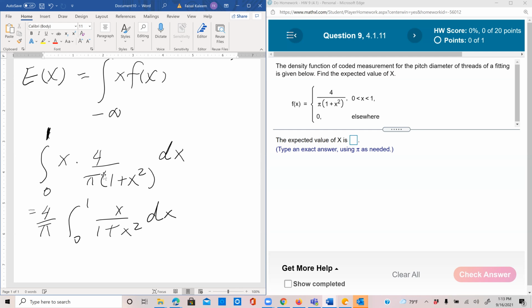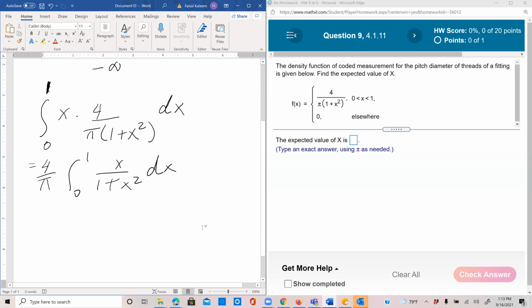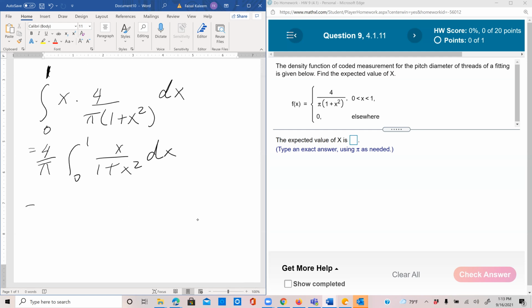Now, after you do your u substitution, u would be 1 plus x squared in this case. So this would end up as 2 over pi ln 1 plus x squared, 0 to 1. Because the u substitution will pick up a 2x, and that 2 is going to cancel with this 4 to give a 2.